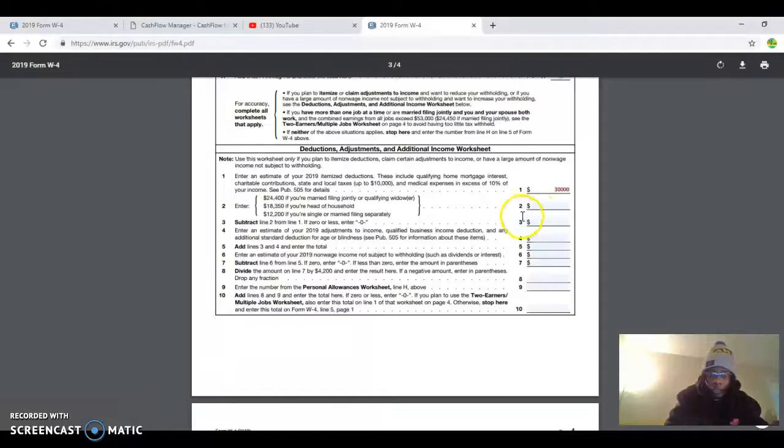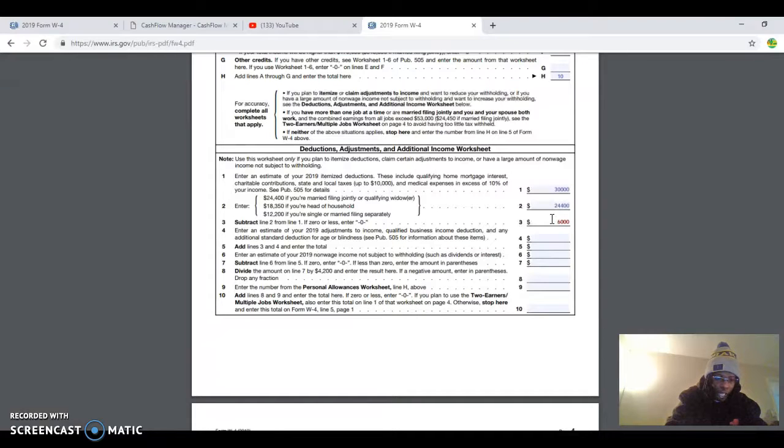Okay, number two, then you enter in your standard number right there. Mine would be 24,400. And then what you do is you subtract those, and you'll have the number I told you to add to number one, which is 6,000. Okay, then on number four, it says enter your adjustment to income, you know, the income deductions and any additional standard deductions.